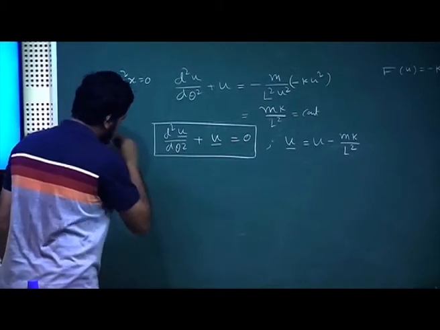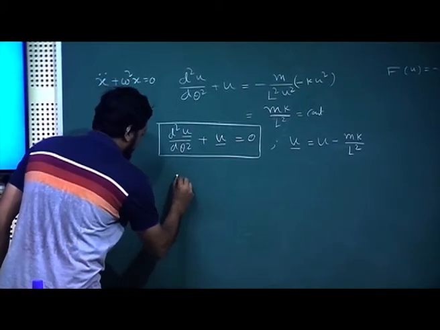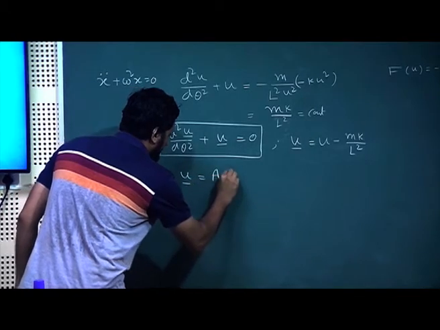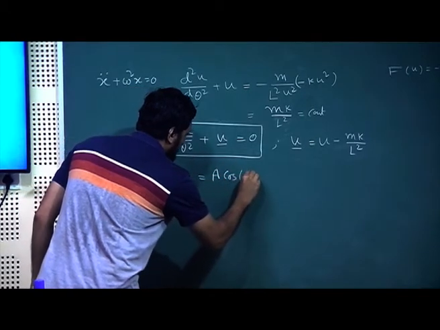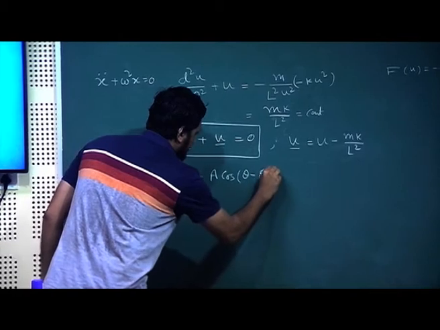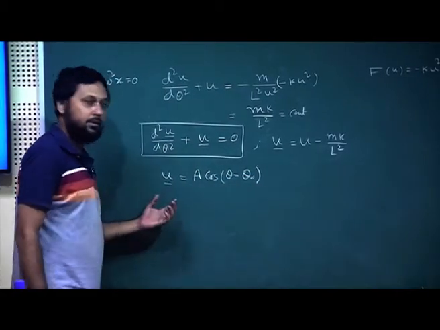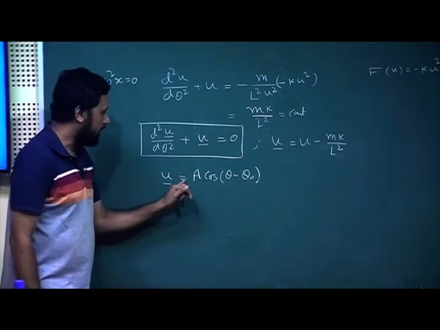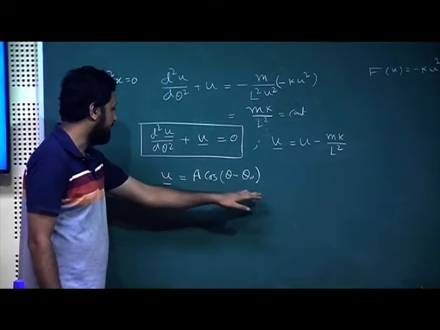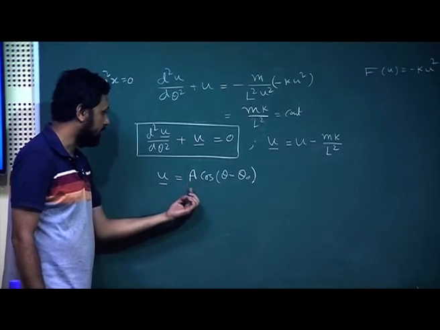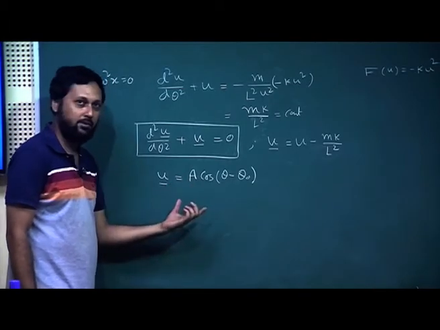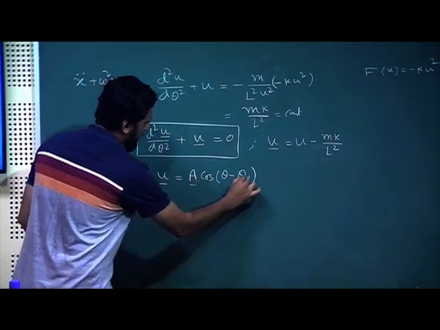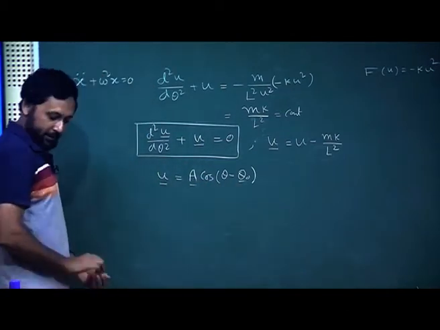So, this one will have a solution of the form ū = A cos(θ - θ₀). As it is a second order differential equation, we need to have two constants in the solution. So, we can either write A cos θ + B sin θ, or we can simply write ū = A cos(θ - θ₀). Whole idea is we need to have two unknown coefficients, A and θ₀.